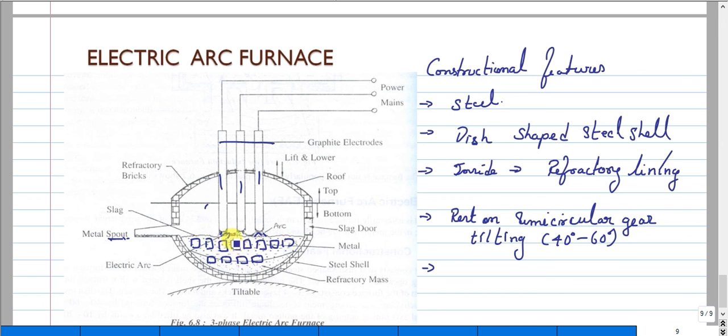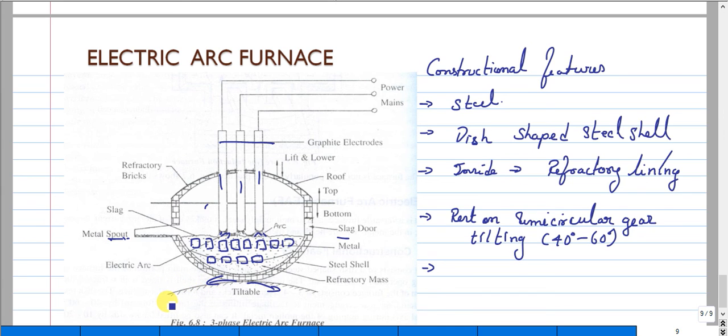This heating will make the charge melt. Once the melting is done, you can tilt this in order to remove the molten material. Initially you will also have a slag, which will be removed with the help of a slag door. So you can tilt in both directions. So this is all about the electric arc furnace.